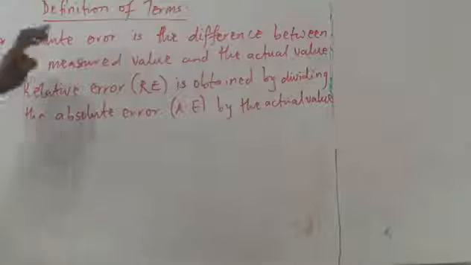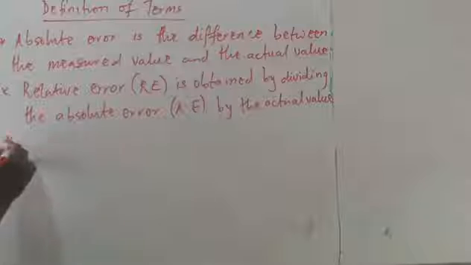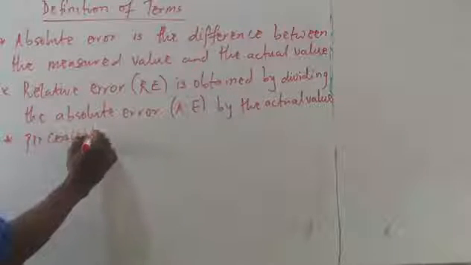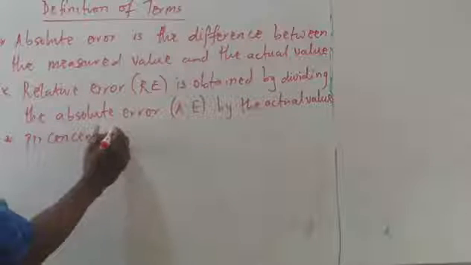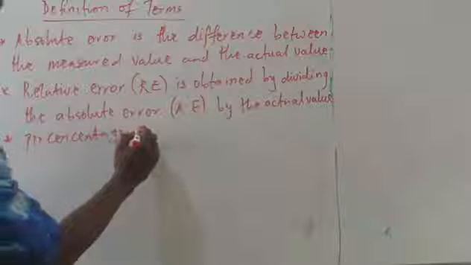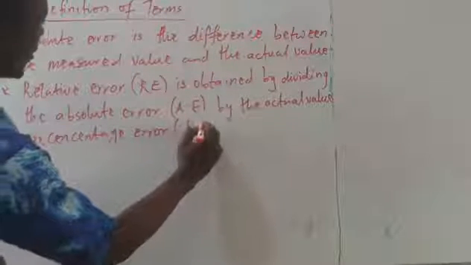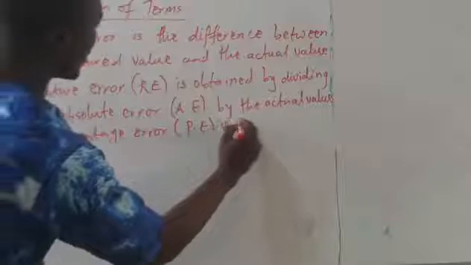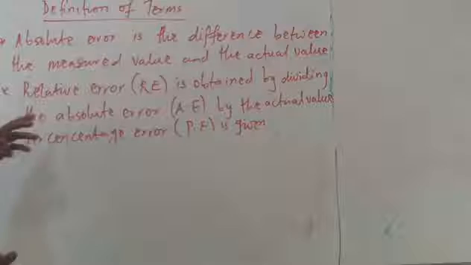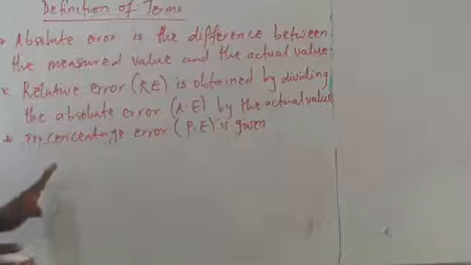So this is relative error. While the main topic, that is the percentage error, which is PE, is given as: we multiply the relative error by 100. That is percentage error.